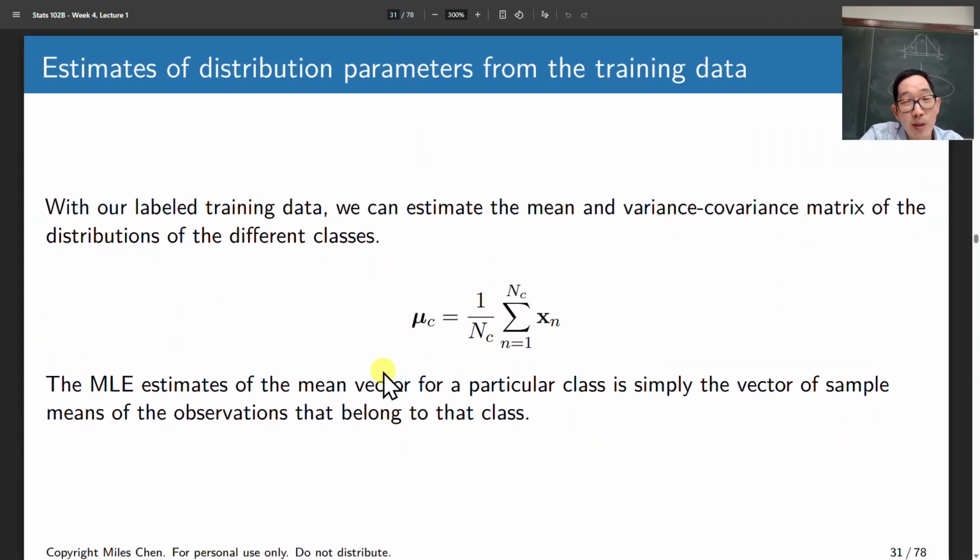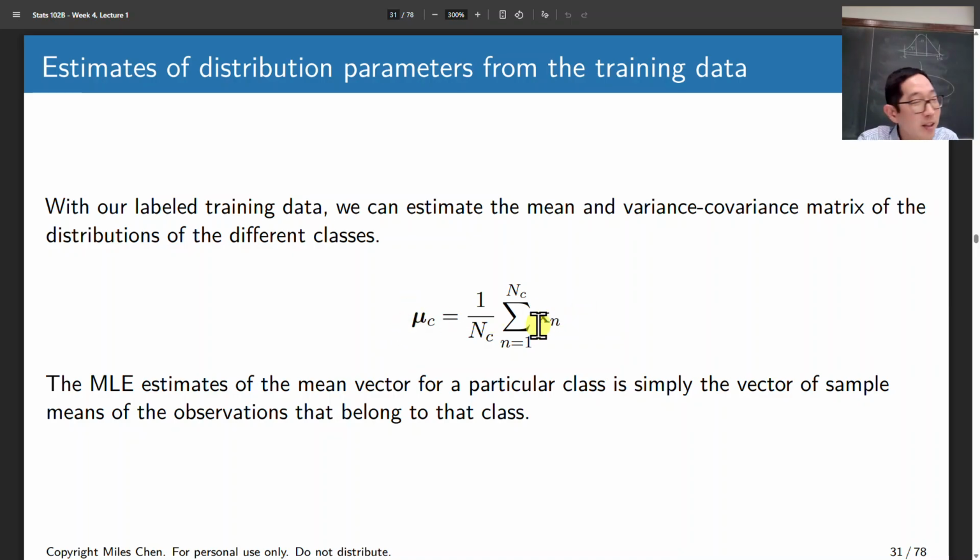Well, it's rather straightforward. To estimate the mean of the red population based on the red dots, all we do is take the sample mean. It's in 2 dimensions, so you take all of your red dots, take the mean of the x1 column and the mean of the x2 column, and that's going to be the mean there.